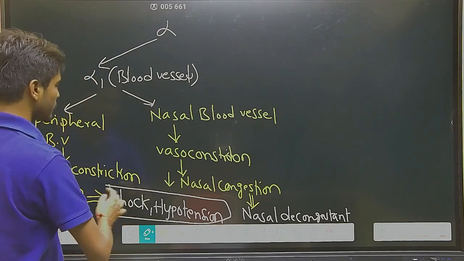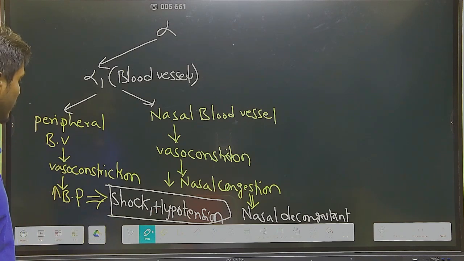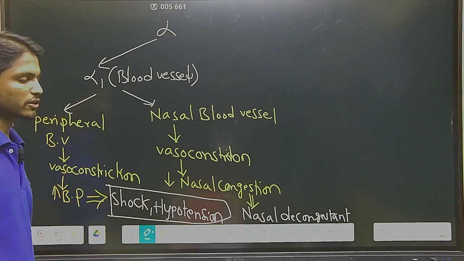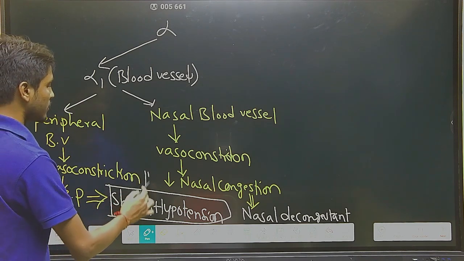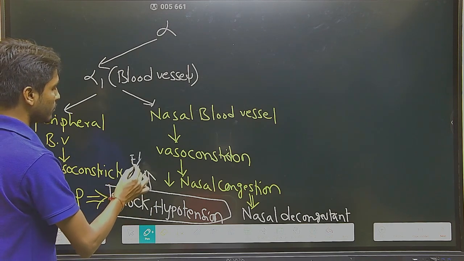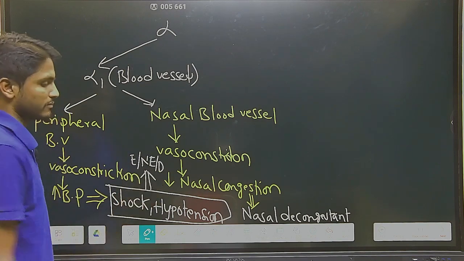Just observe here. The drugs used for the treatment of shock and hypotension are epinephrine, norepinephrine or dopamine.